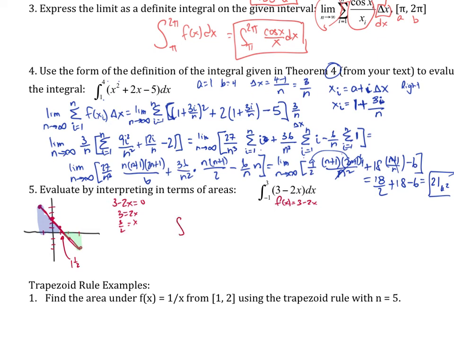So I'm going to take the integral from -1 to 3 halves plus the integral from 3 halves to 3. Okay, that's what I wanted to do there.